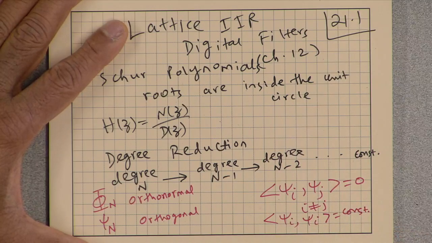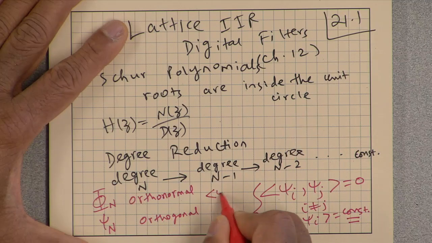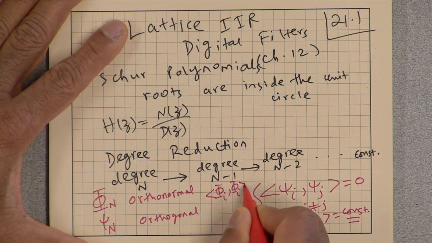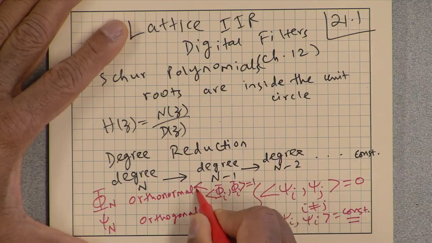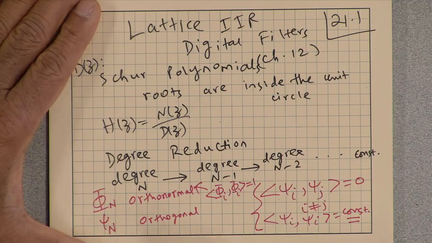I am not defining the inner product, as it's a little bit involved. If this constant is 1, then that's called orthonormal, as opposed to orthogonal.